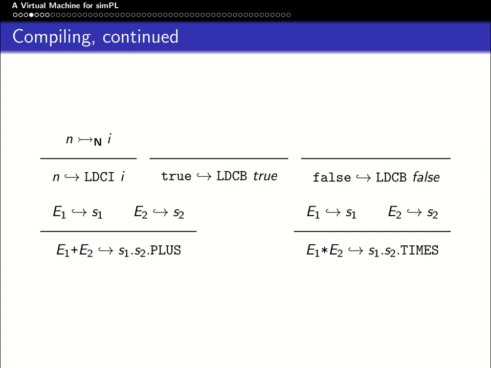All right, and it's an infinity of rules, because what we really should be writing here is if 0 translates into 0, and I'm going to somehow indicate that this 0 is from the concrete domain, then 0 translates into LDCI 0, right?